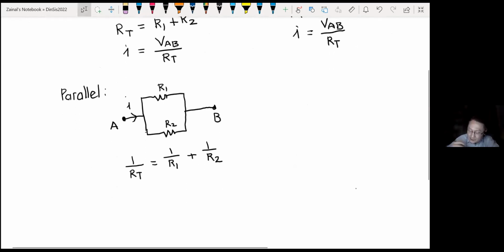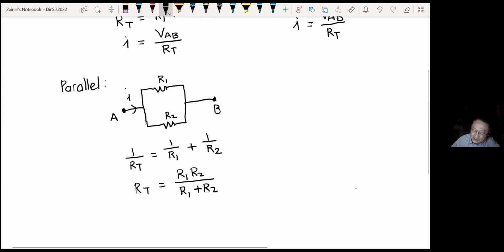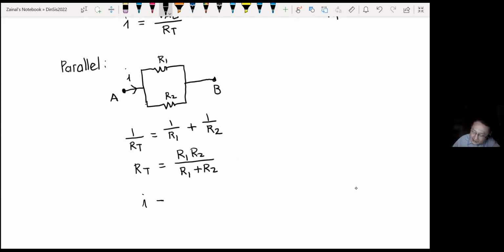If you combine this, you will find that RT is the same as R1 multiplied by R2 divided by R1 plus R2. And I is equal to VAB divided by RT.